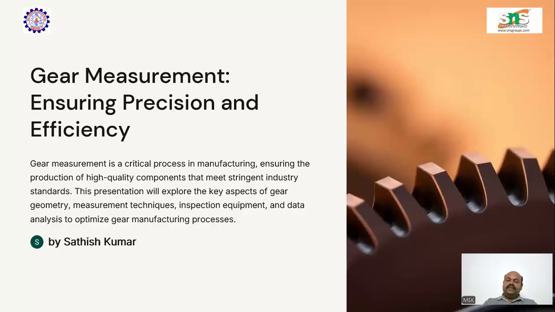In this lecture, we are going to see what the geometry associated with the gear is, how gear dimensions are measured with equipment, and how this data is analyzed to get a very good quality gear with optimized features.